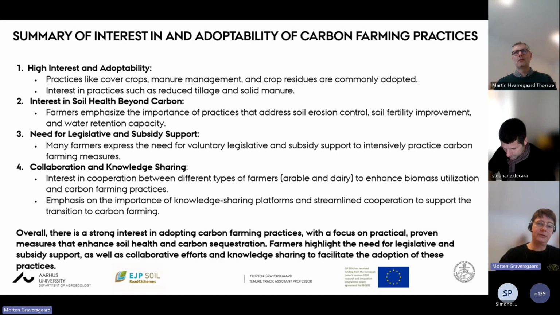So an overall interest in carbon farming practices, but of course a highlight of the need for more support, both in terms of economic support, but also in the governance structures, you could say, and in the knowledge sharing platforms. And I know since this project started, there's a lot of new projects going on with all these ideas of living labs and lighthouses and other ideas of trying to help this adoption of these practices being rolled out.